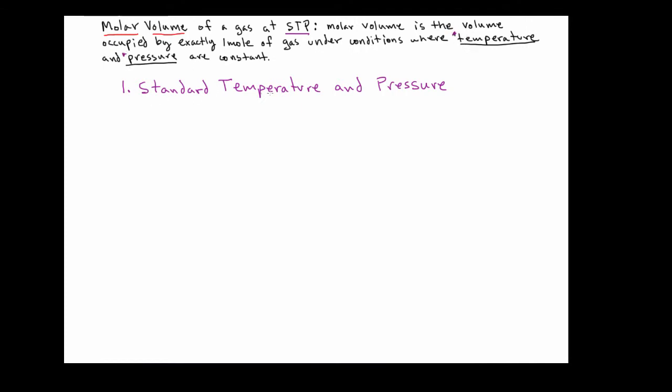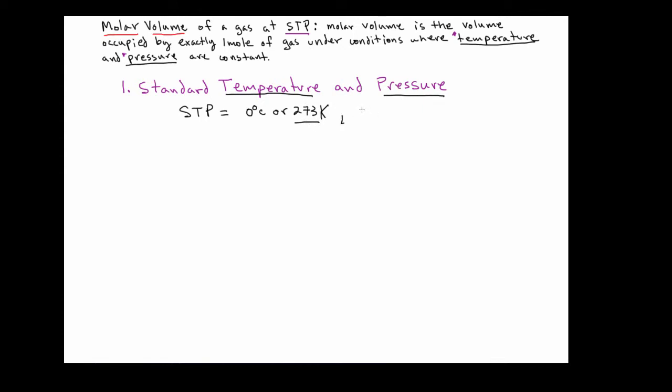So what we're doing here is we're going to stipulate the standard temperature and pressure for a gas. So in this case, STP in chemistry will be conditions of temperature where we're at either 0 degrees centigrade or 273 Kelvin, because remember in gases that essentially all of our calculations need to be done in absolute temperature.